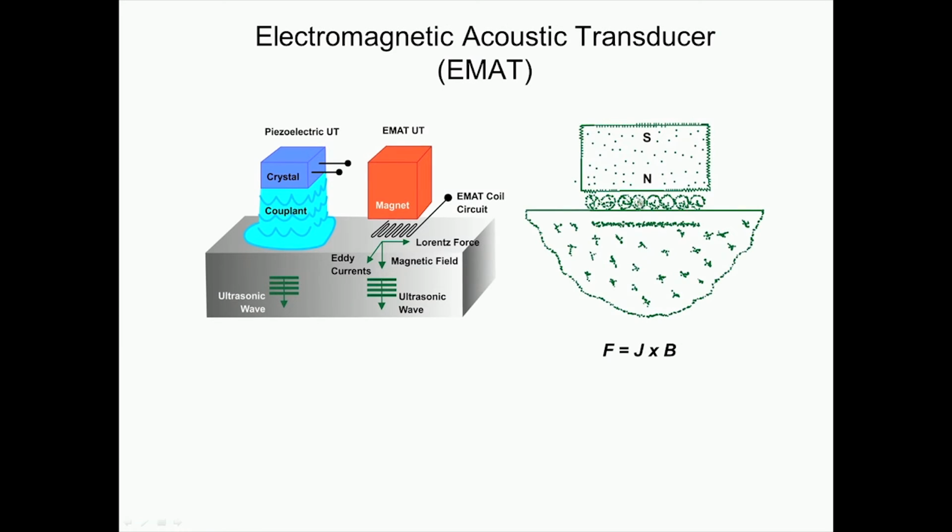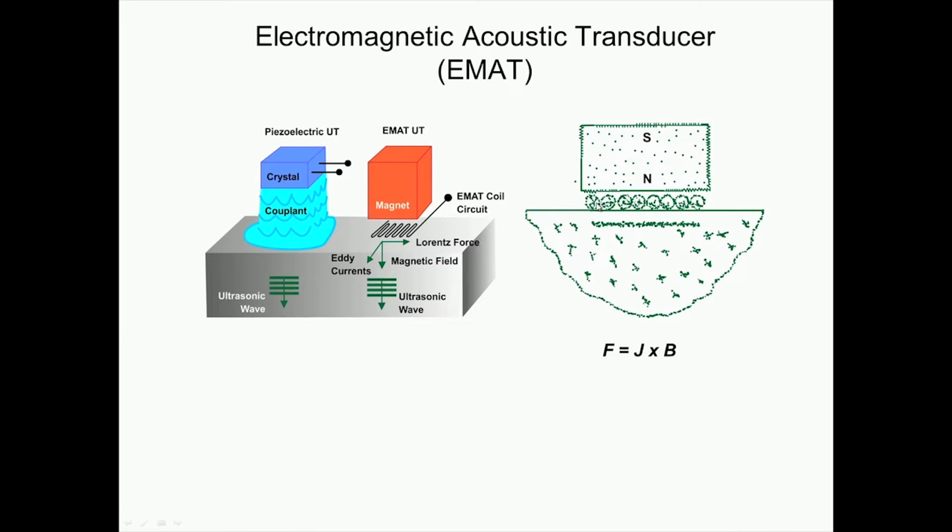And now, if you bring another conductor close to it, due to that changing magnetic field, current will be induced in the second conductor. So, that is the phenomenon of electromagnetic induction, or simply induction. This is what is being shown here in this diagram.